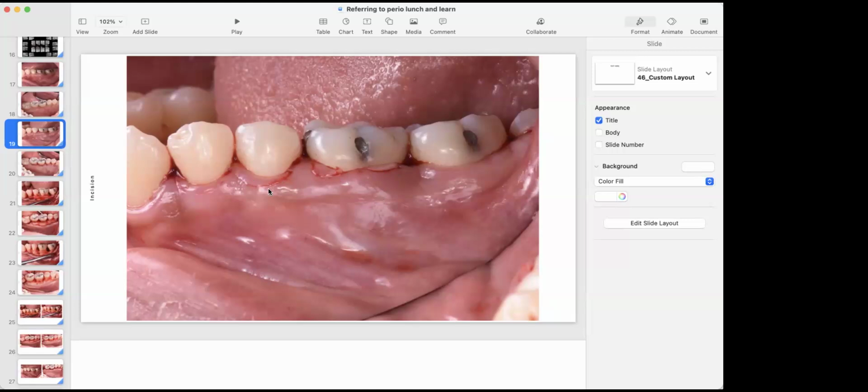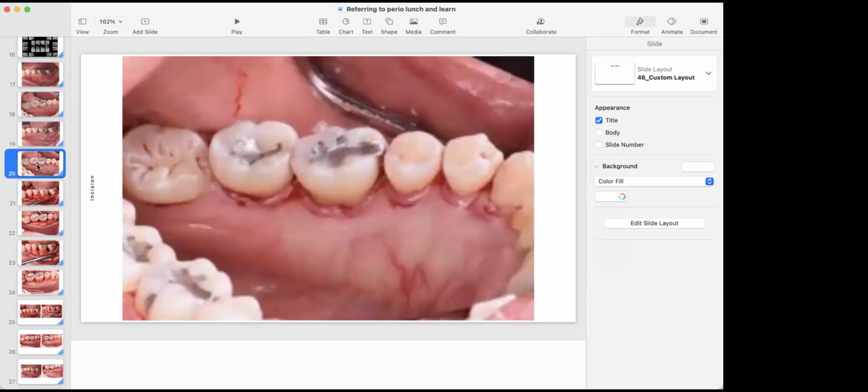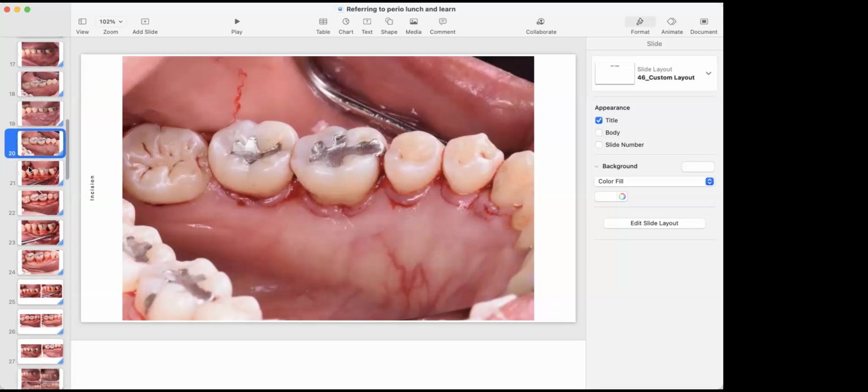That's going to allow the gingiva after the surgery to sit directly on top of the bone and allow for ease of cleanliness for the patient. Same thing here, you can see a little bit of the double scallop, and we always extend a little bit further than where the surgery needs.